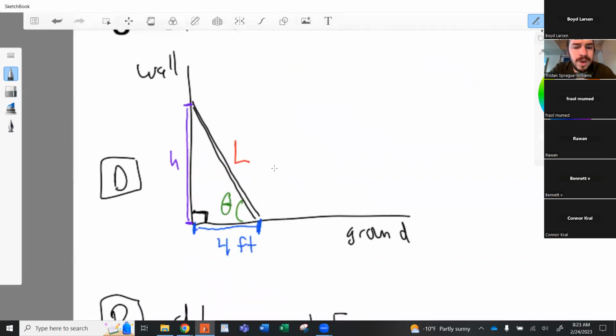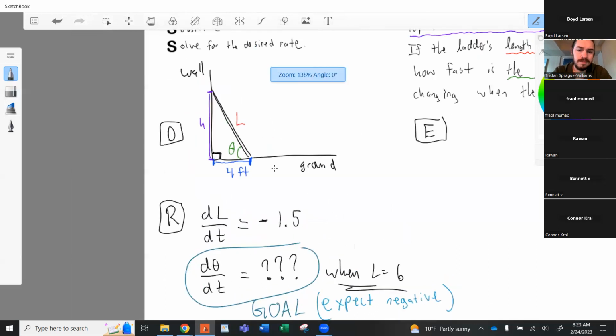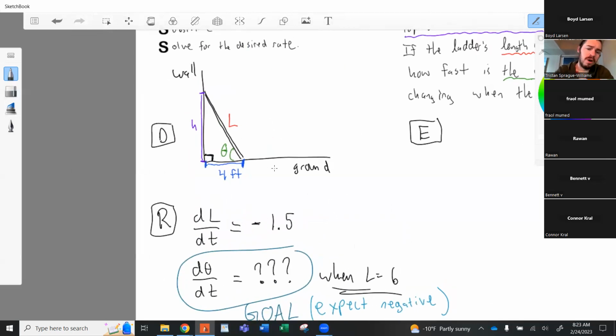We want to make sure that our equation involves both of the variables whose rates we identified in the rates step. So our equation has to involve both L and theta.